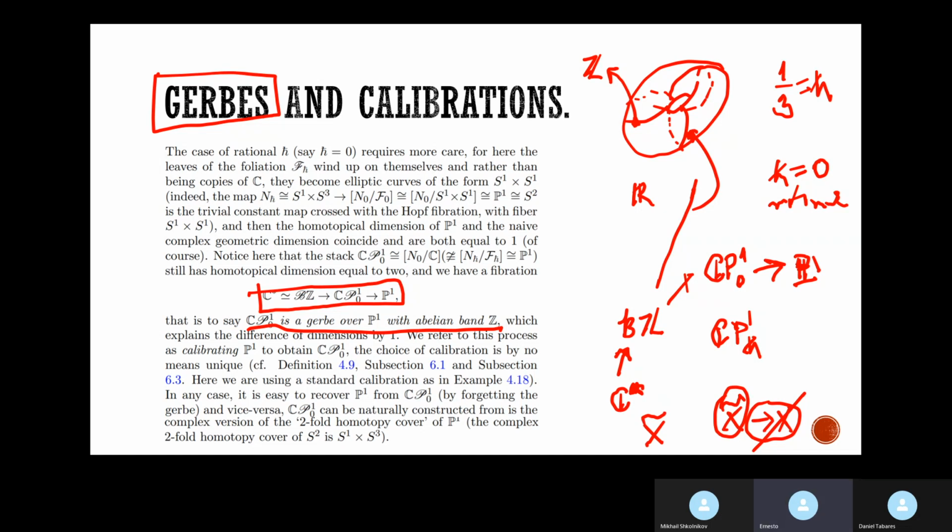The category of toric varieties together with this gerbe, that I will call calibrated toric varieties, is equivalent to the category of toric varieties. So there is a one-to-one correspondence between fans and calibrated toric varieties.